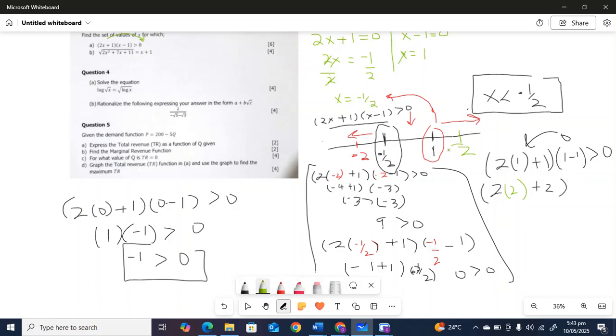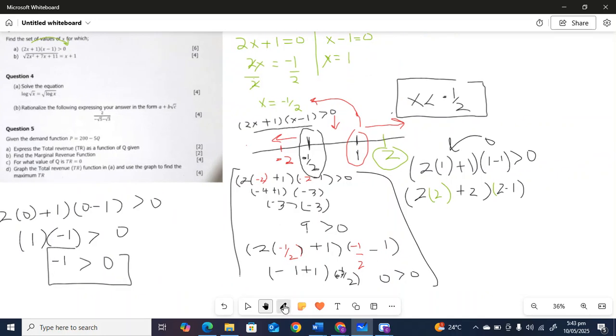Okay, so we're substituting x for 2. 2 times 2, that is 4. 4 plus 2, that is 6. 2 minus 1, that is 1. 6 times 1, that is 6. 6 is greater than 0.